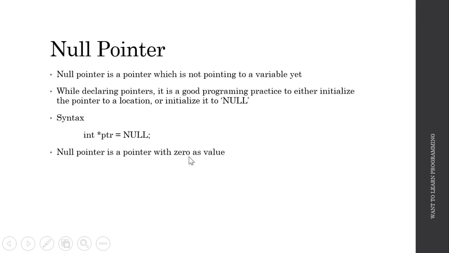So it is not pointing to some other value, because when we declare a pointer, it might be pointing to a junk value, that is, a location that is not really present. If we use that pointer when it has a junk value, it might cause problems for the program, and your program might be abruptly terminated. So we either initialize it to a variable while declaring it, or we initialize it to null.